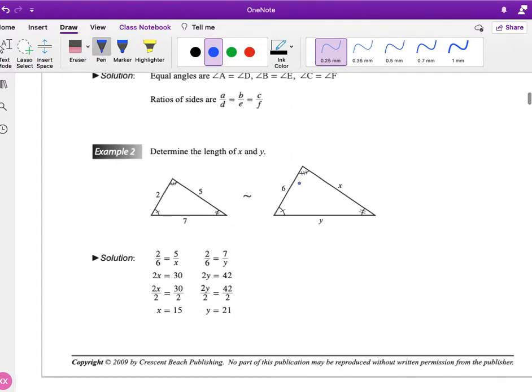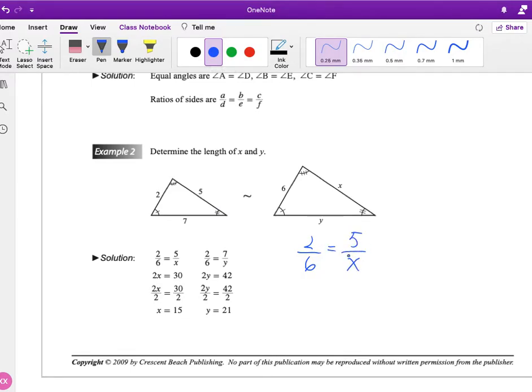Now we can find some of the lengths we do not know. As far as we know some of the sides, we can calculate the unknown sides. First of all, the corresponding angles of the triangles are all the same. So let's take a look at this: 2 over 6 equals 5 over x.